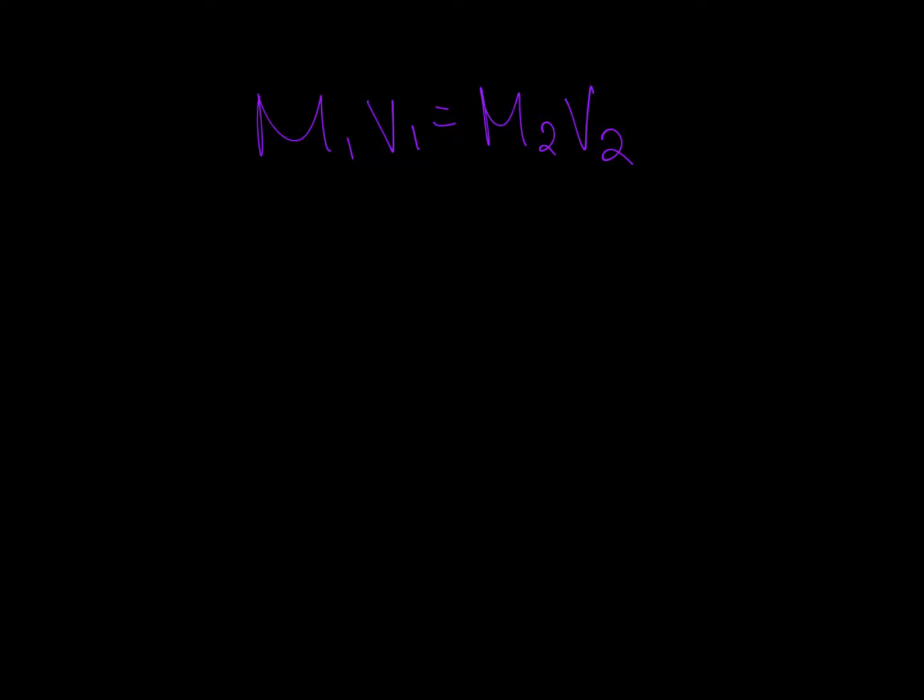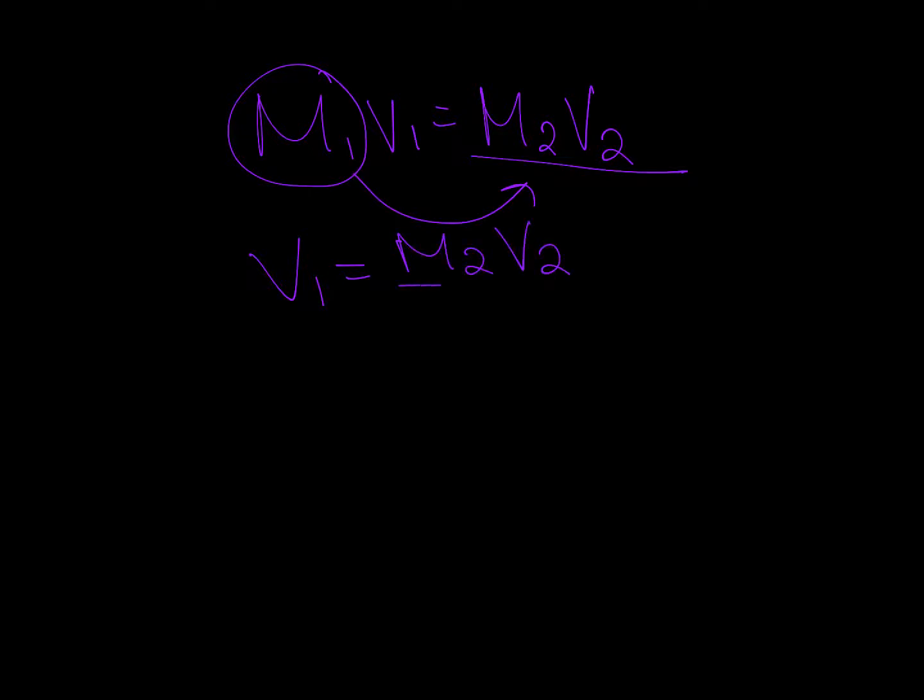So let's set up this equation so that it works for our particular question. In order to do this, we can just move the M1 over here by dividing. So we get V1 equals M2 times V2 divided by M1. And then we can just plug in our numbers that we already determined earlier on.